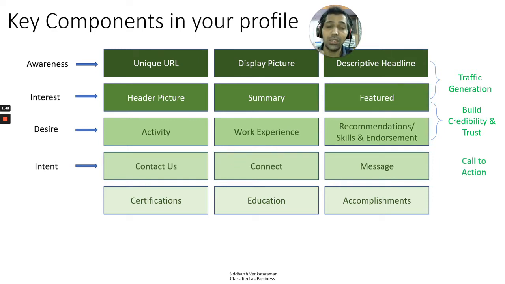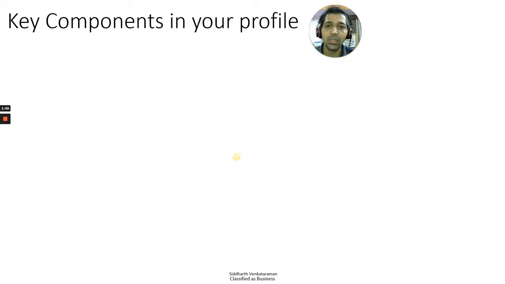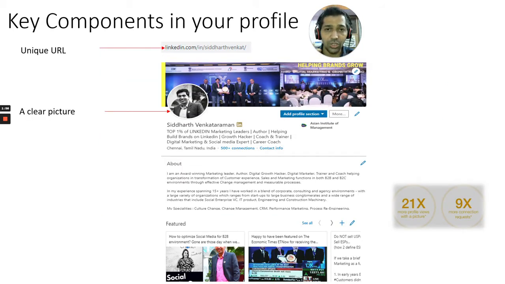And then the next one is about call to action, where people are able to connect with you and you start generating opportunities. In the last module, we had seen how to structure your own unique URL, the importance of having a clear display picture, the background picture, and having a powerful headline, which is what people see when you land up on search.